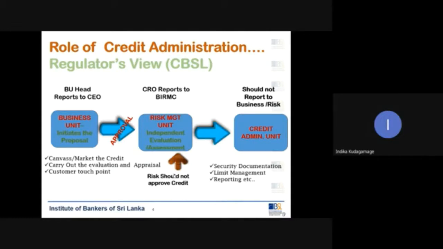So there is a risk of getting a bogus or fictitious customer and getting the money out. Right? If one part is managed by the branch, where they get the facility and approve it, that is only the branch. Then documentation has to be done by someone else. Limit setup, someone else. Independent risk.